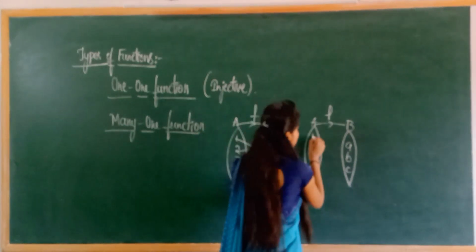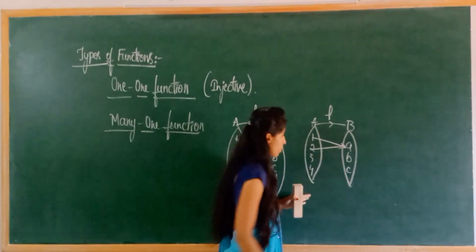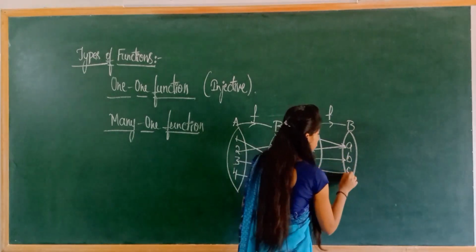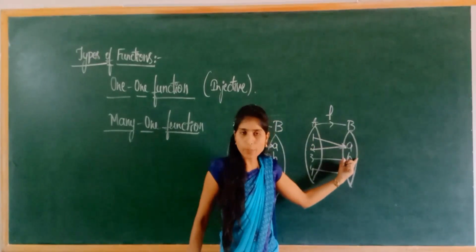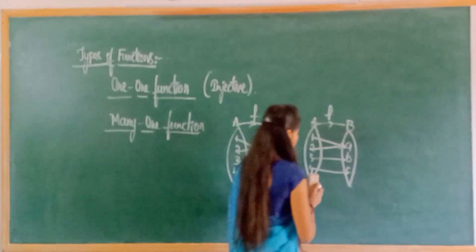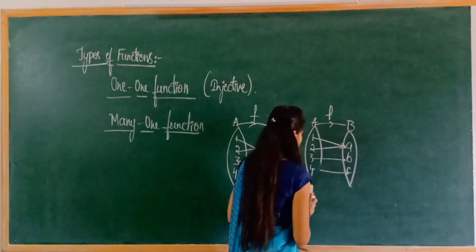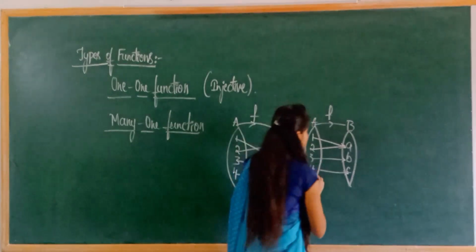For example, see here, 1 is related to A and 2 is also related to A here, C and 4 to C. Okay, see here, more than one element having the same image. Further, we call it as many-one function. Or you can also see here, I will write one more. It is 5. Okay, 5 is also related to A.